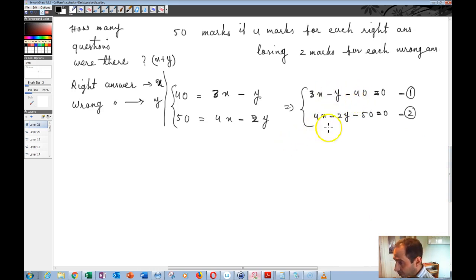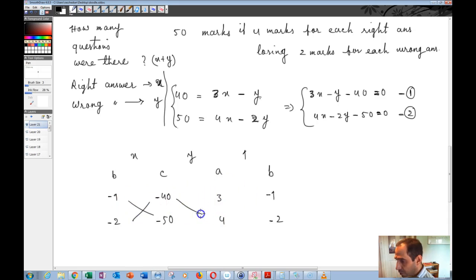I'm going to use the cross multiplication method. So x, y, and 1. b is negative 1 and negative 2, c is negative 40 and negative 50, and a is 3 and 4.